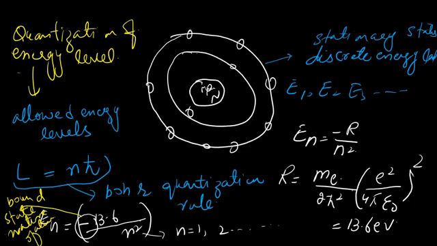The nucleus is exerting attractive forces on the electron, so the electron is bound within that state. So this negative sign is due to this bound nature of the atom.